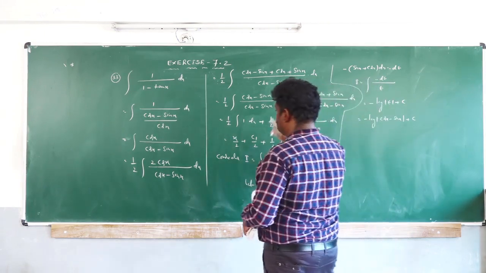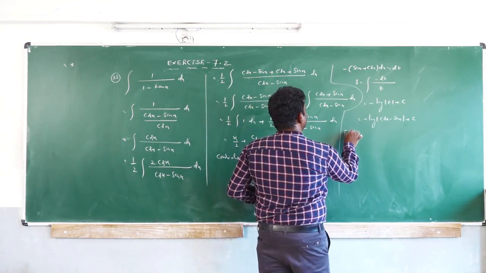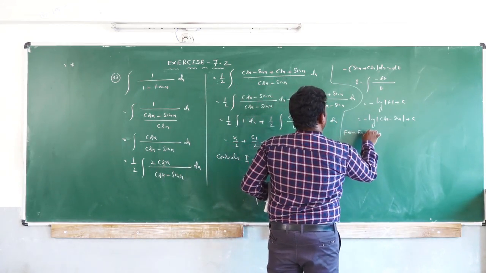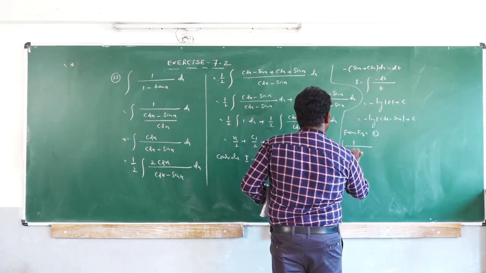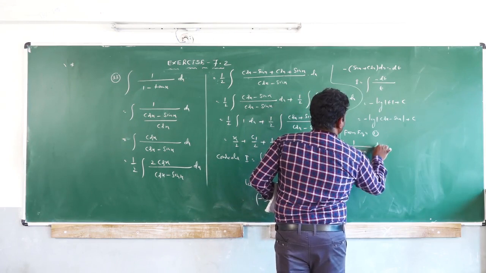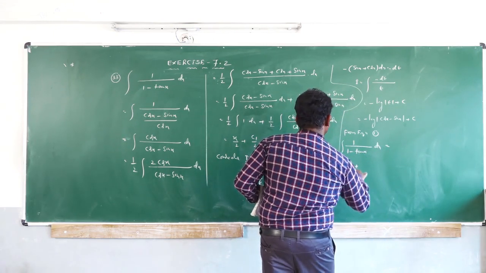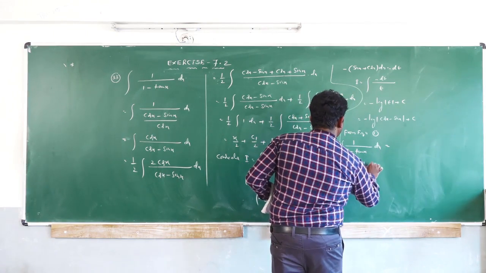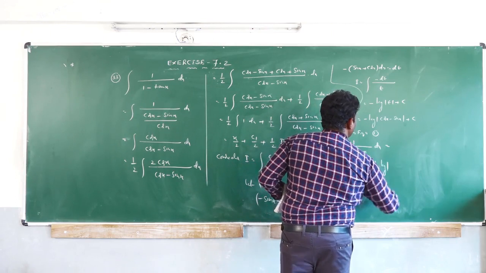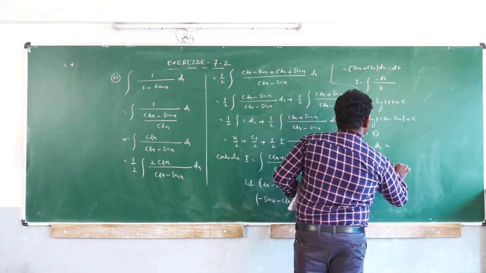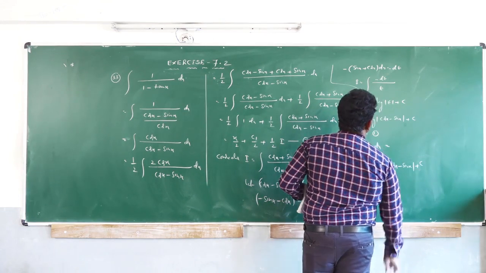Now substituting this value in equation 1: from equation 1, integral 1 by 1 minus tan x dx is equal to x by 2 plus c1 by 2 minus 1 by 2 into log of cos x minus sin x plus c.